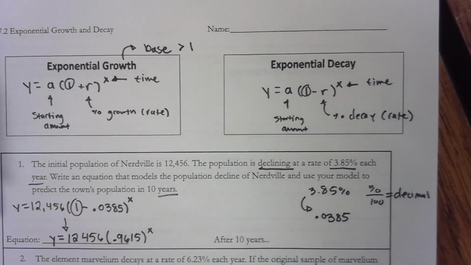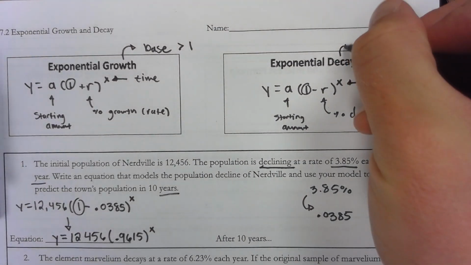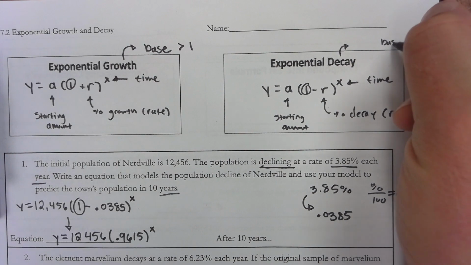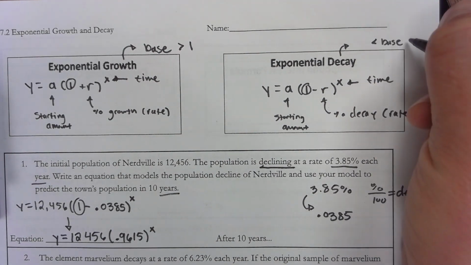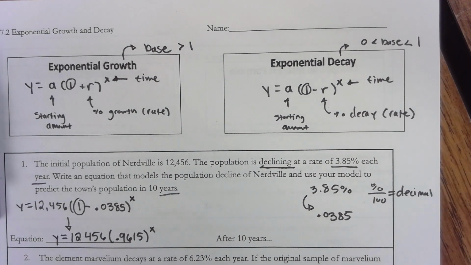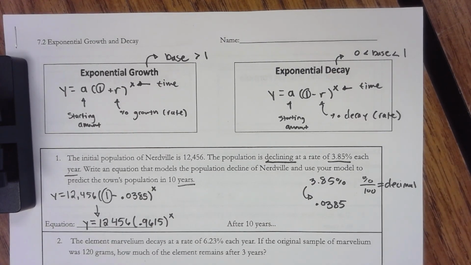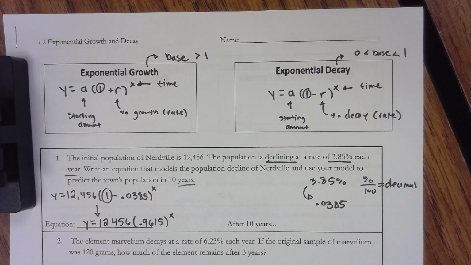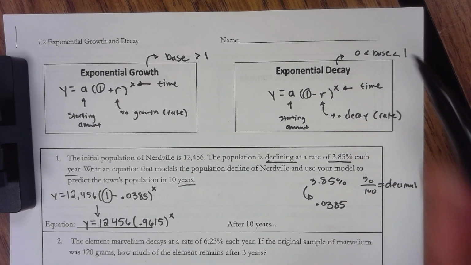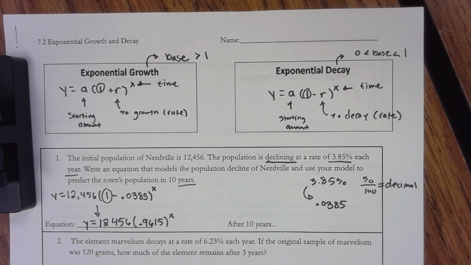As opposed to exponential decay, where that base is between 0 and 1, and not negative. We're not going to have negative bases. When we have negative bases with exponentials, it's a completely different thing. So we decay whenever that base is between 0 and 1. Again, if I gave you an equation, you should be able to classify it as growth or decay based on what that base value is.